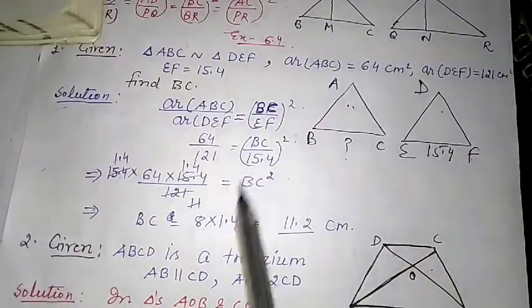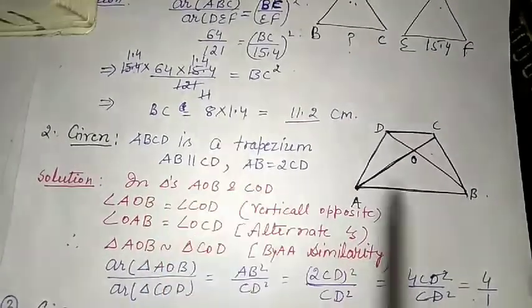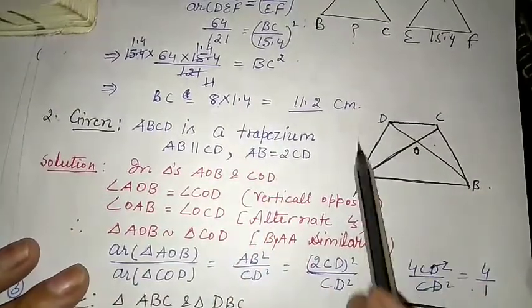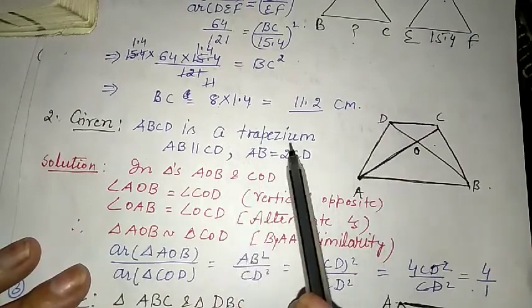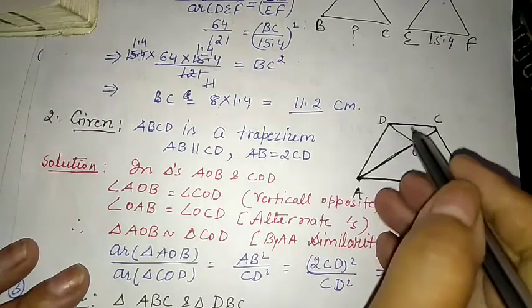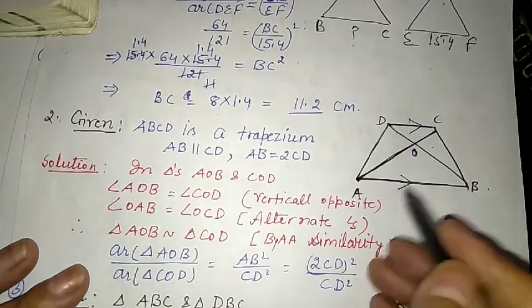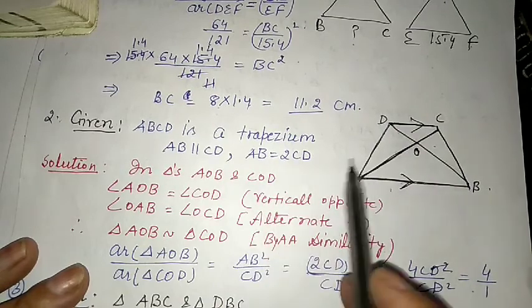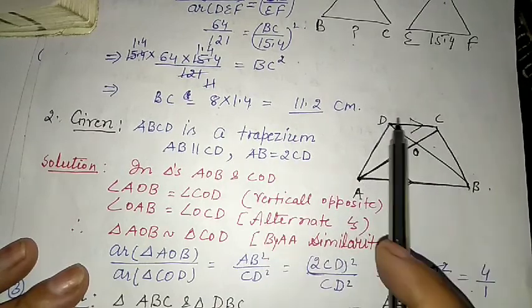Okay, so this figure is given here. ABCD is a trapezium. AB is parallel to CD. These two sides are parallel, and AB side is twice of CD.